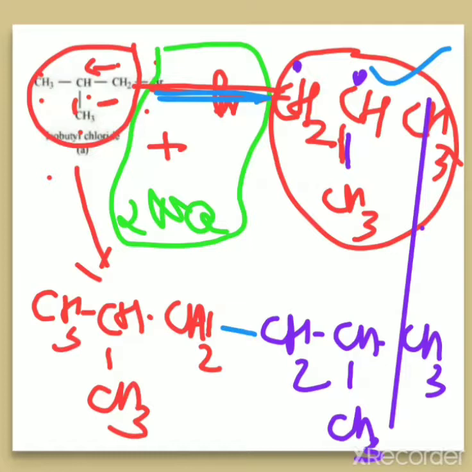When you find out the molecular mass, it will come exactly, that is 1, 2, 3, 4, 5, 6, 7, 8, total 8 carbons, and when you find out the total number of hydrogens, it will come as the number which is given in the question. So that is the answer for this question.